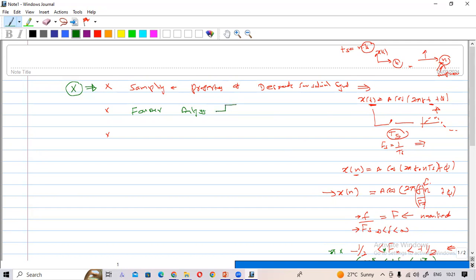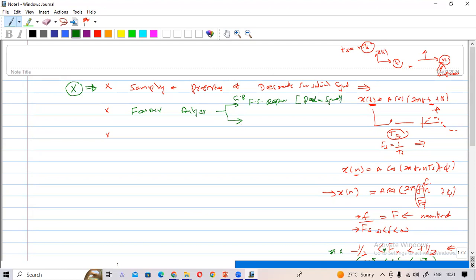Under Fourier analysis, you can remember that we have learned two types of analysis techniques. One is Fourier series representation. We use complex exponential Fourier series representation for discrete time. This is for periodic signals.